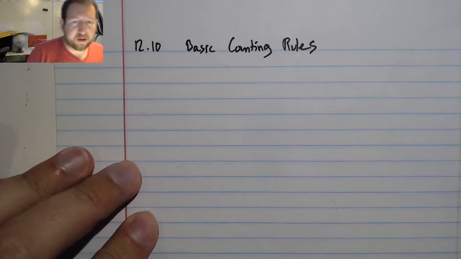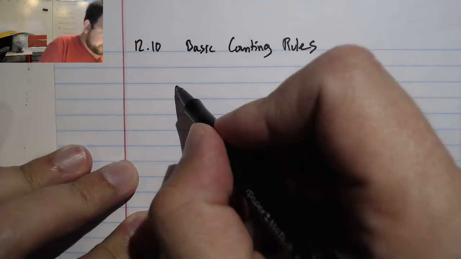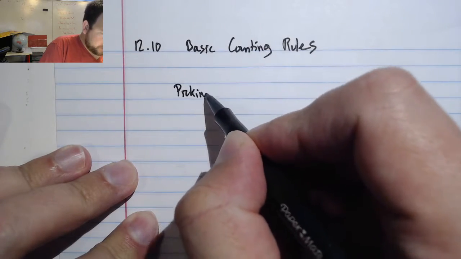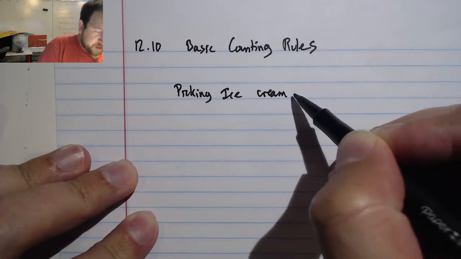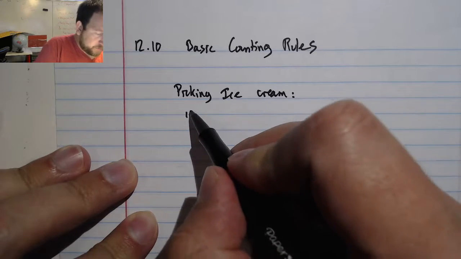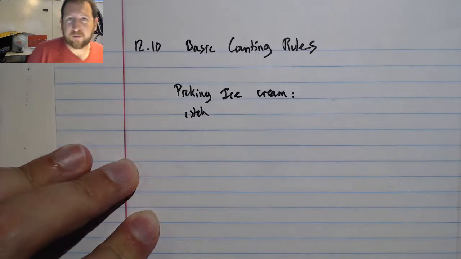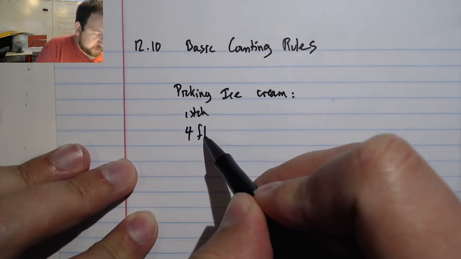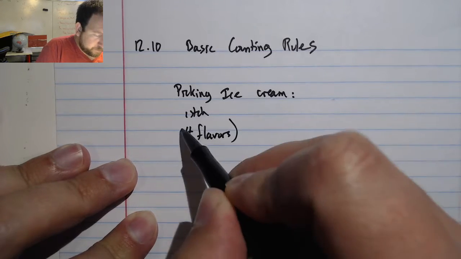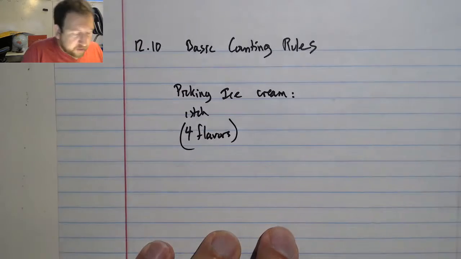Say, for example, that we are picking ice cream, and we have some choices to make. Our first choice is we can choose between flavors, and there are, say, 4 flavors. Then we can choose sizes.